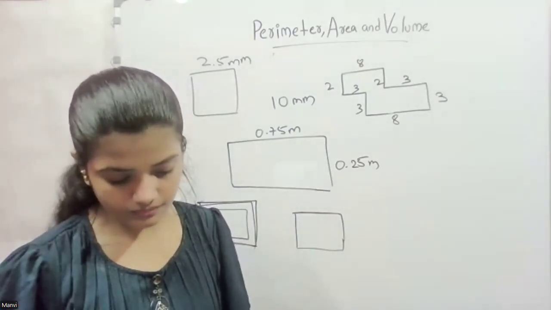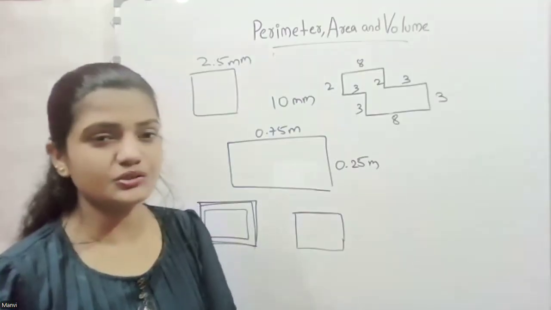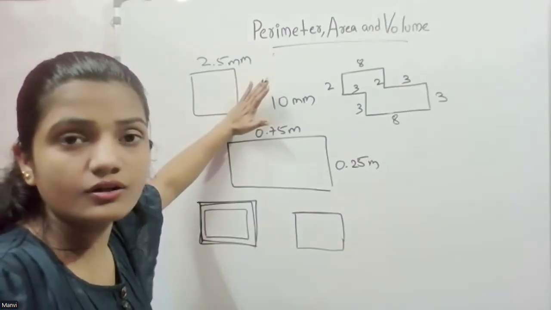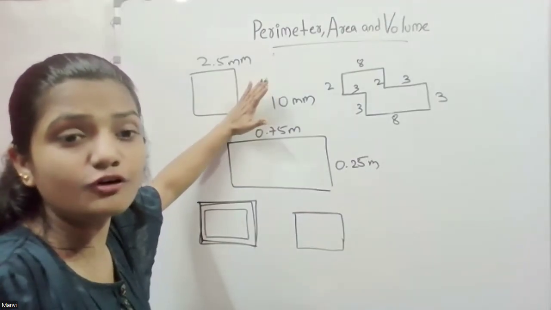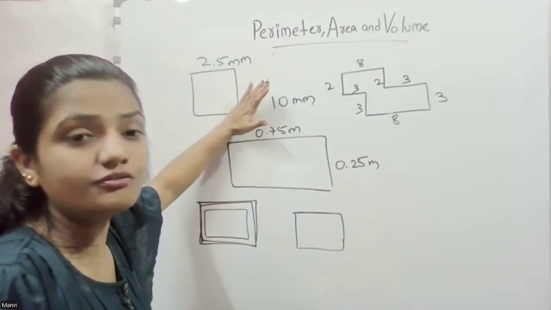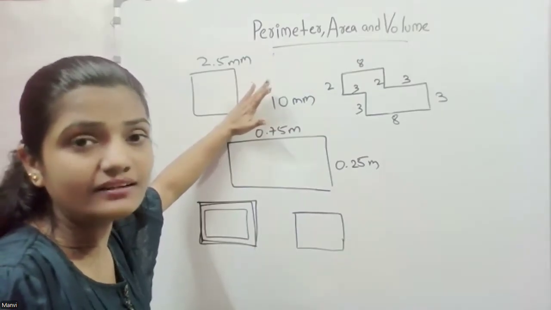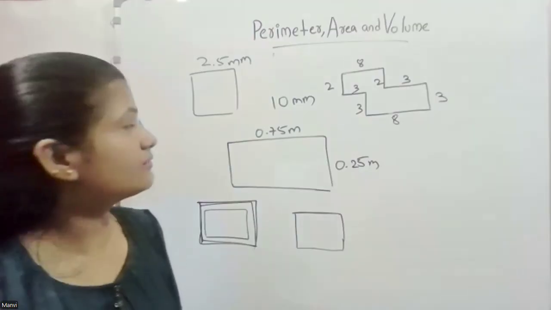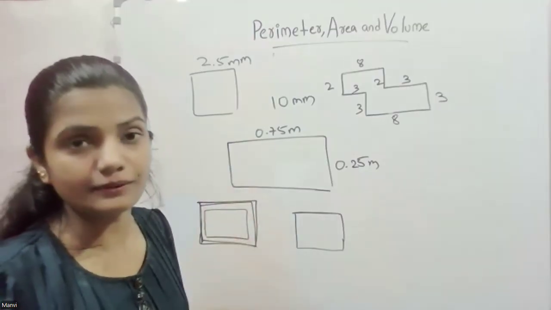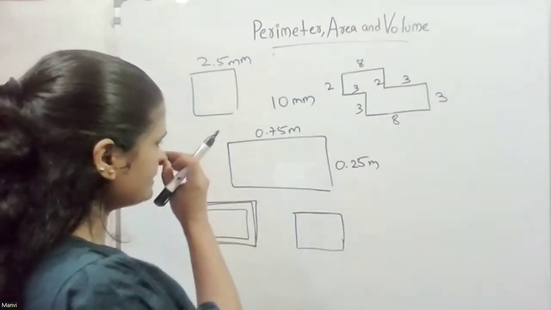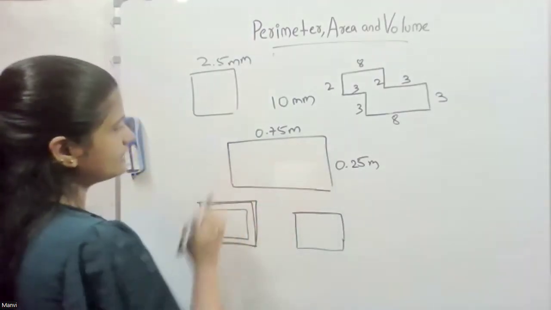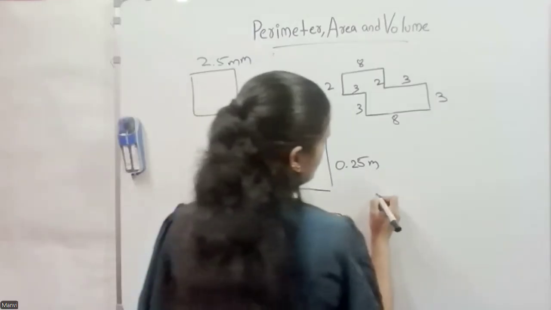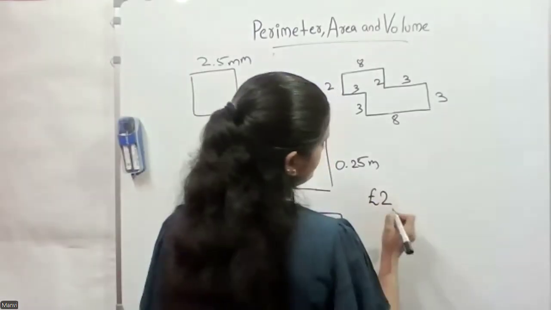For example, they may ask one question like this: a farmer has a rectangular park or field, and he wants to fence around it. The length of the field is this, the width of this field is that. Please calculate what is the total cost he paid to the labor. For this rectangular garden, the labor charged the farmer £2 per meter.